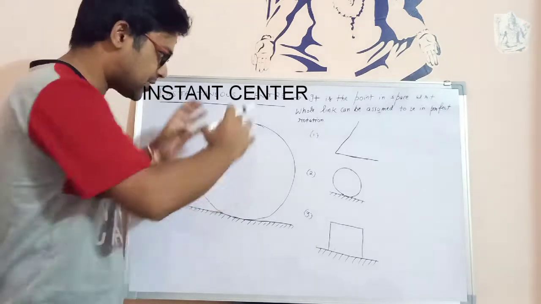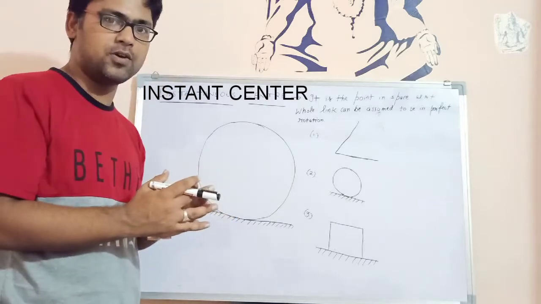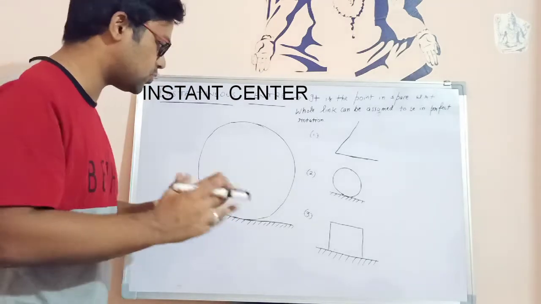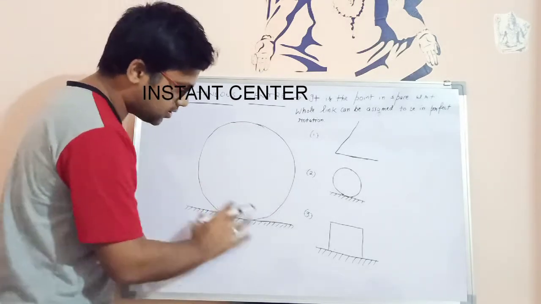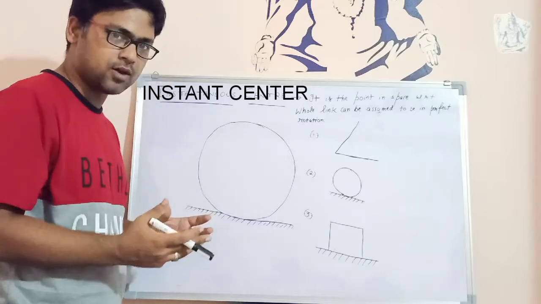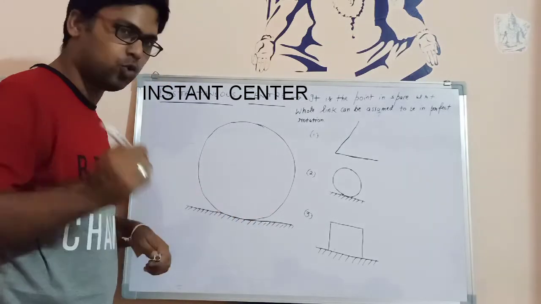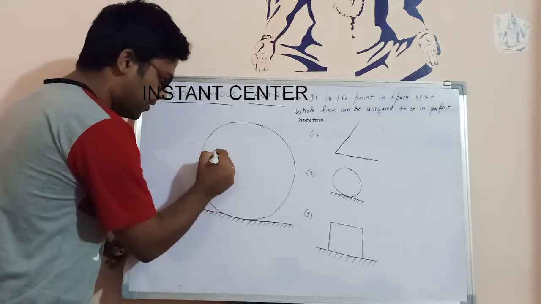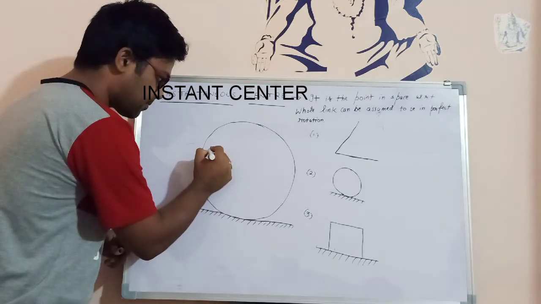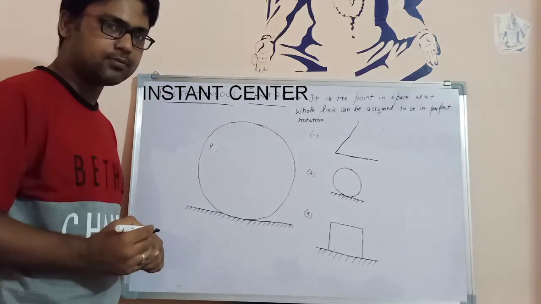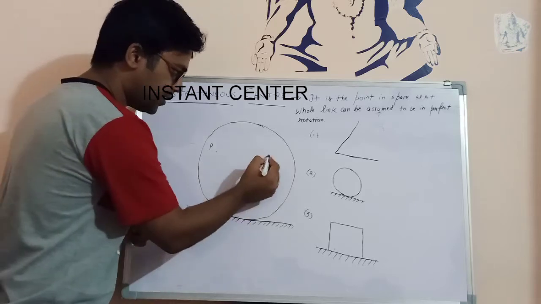So I will explain this with a diagram that will give you a better understanding of it. Right now I'm just drawing a rolling pair. Let us assume we have two points over it. We have a point P over here, and we have point Q over here.